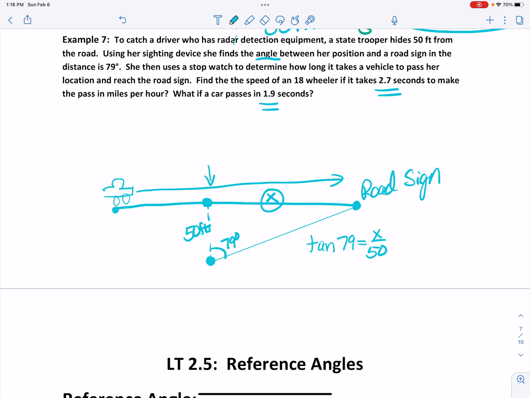So I would do 50 times the tangent of 79, and my answer on that is 257.23 feet. Okay, so then what you have to think about is, how do I find speed? Speed is distance over time.